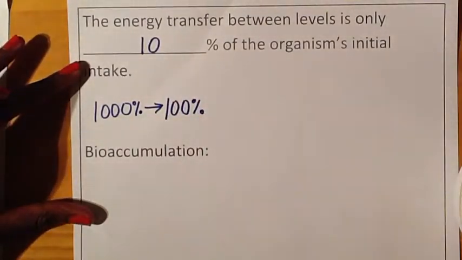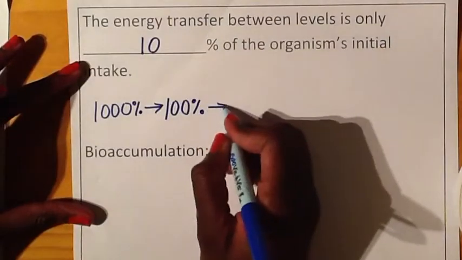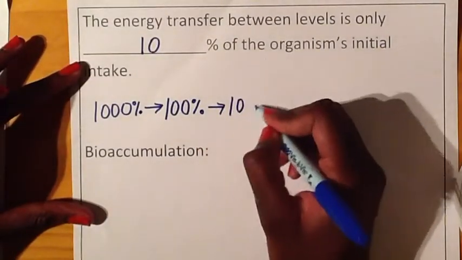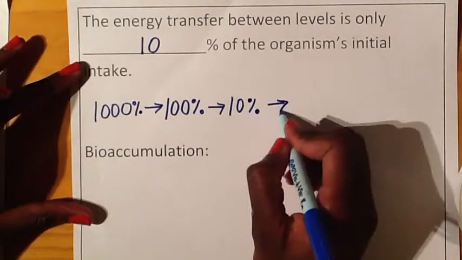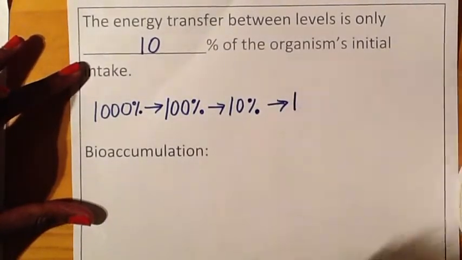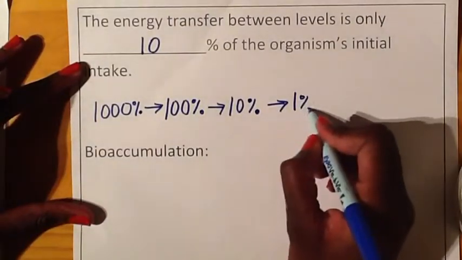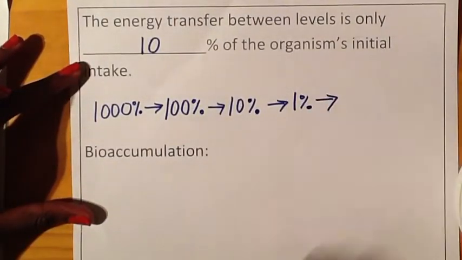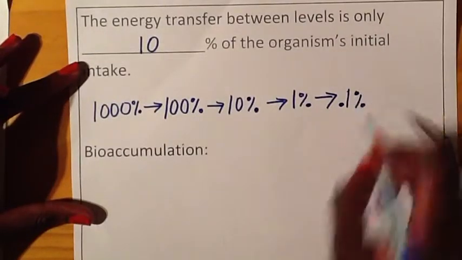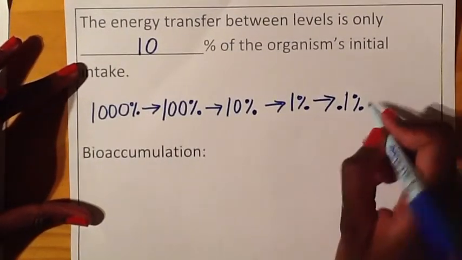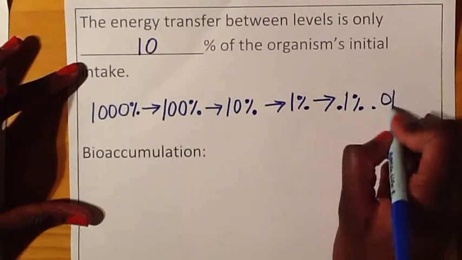And 10% of 100 would be 10. And 10% of 10 would be 1. And from 1, we can say 10% of that would be about 0.1. Now what's after 0.1? 0.01.